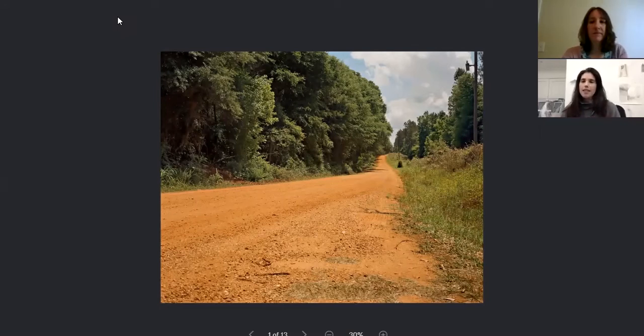And for some reason, this photograph always starts first for me, because it is so fundamentally raw. It's a raw landscape photograph, but also because it so clearly shows what I interpreted as these primary colors in the place, red, blue, and green, just everywhere. And just this road that goes to nowhere.